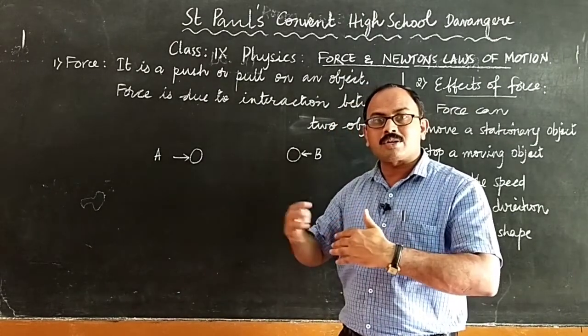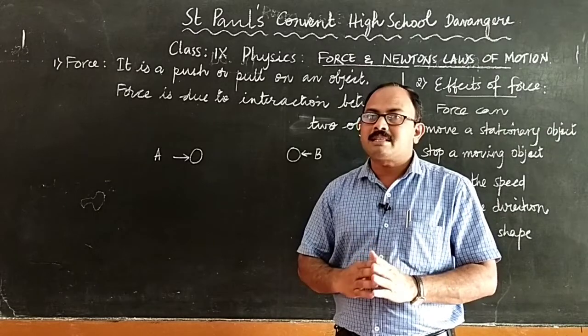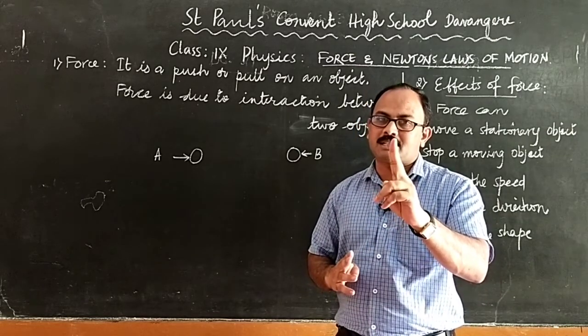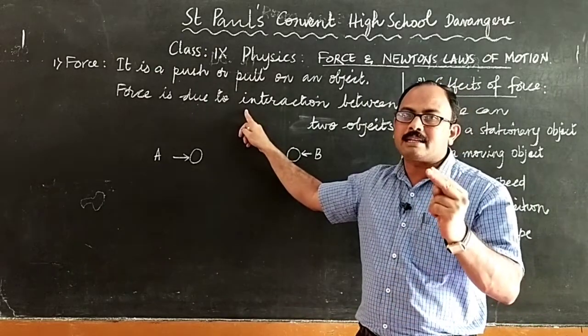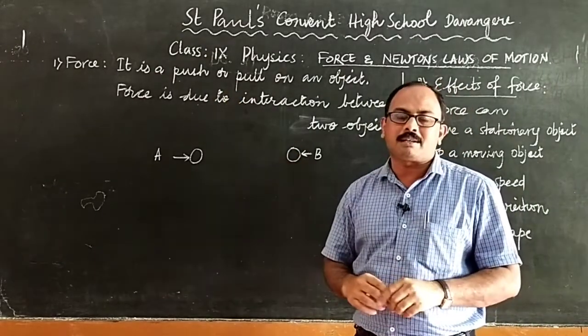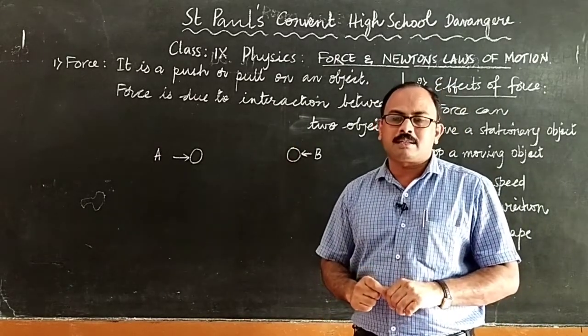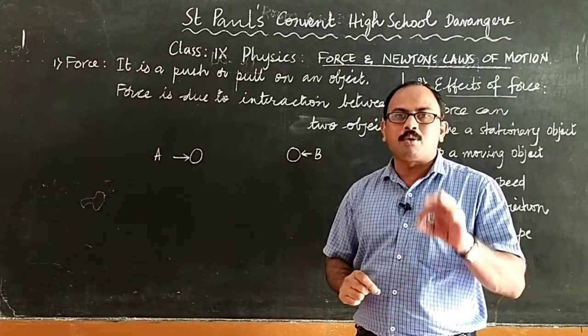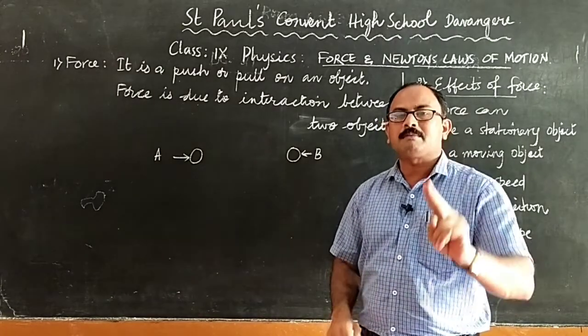Therefore, force comes into existence when there is interaction between two objects. This is another important second point in this definition. It is a push or pull on an object, and force is due to interaction between two objects.